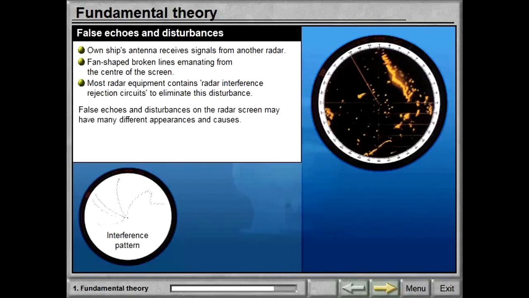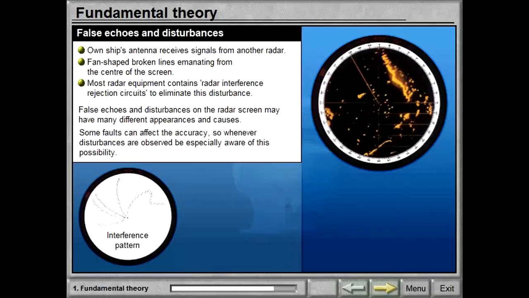False echoes and disturbances on the radar screen may have many different appearances and causes. Some faults can affect the accuracy, so whenever disturbances are observed, be especially aware of this possibility.